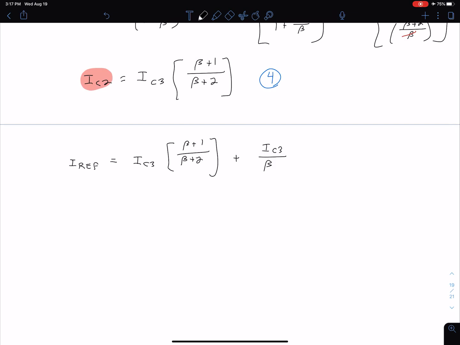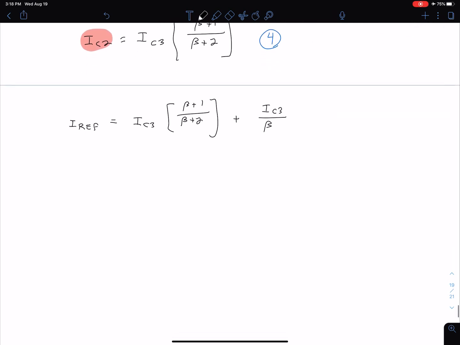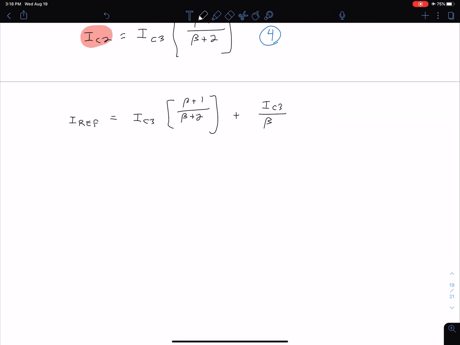And so we can go through a couple algebra steps, and I don't think I want to do that explicitly, just to not spend a lot of time on these basic steps. But the algebra is in your notes, but we can rearrange this, combine these terms. Of course, we can see we can factor out an IC3 there.